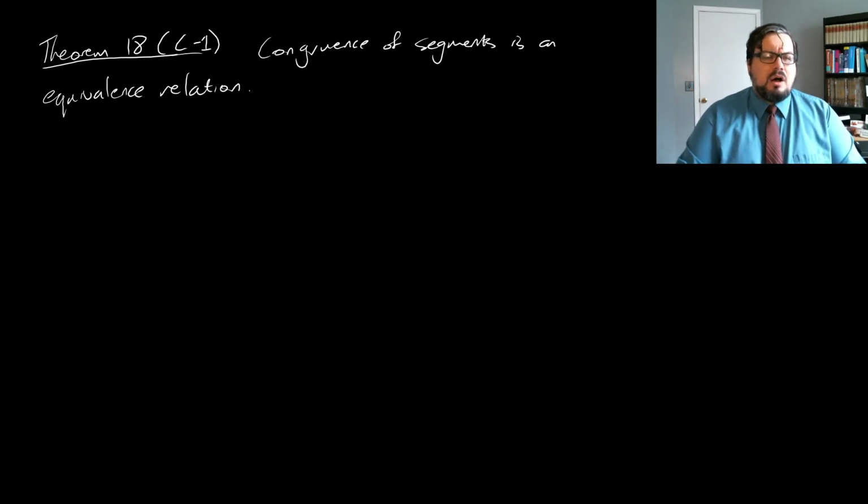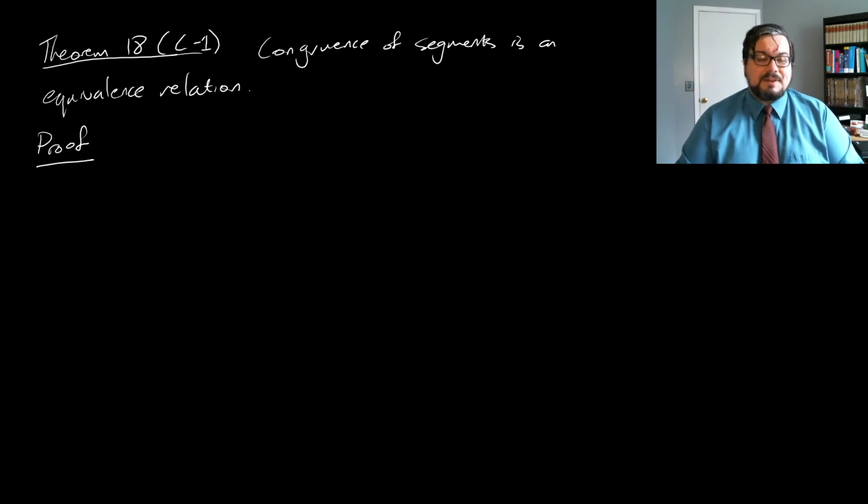So I'll go ahead and talk about those quickly as we go through the proof. There are three things that a relation has to satisfy in order to be an equivalence relation. The first one is that it has to be reflexive.